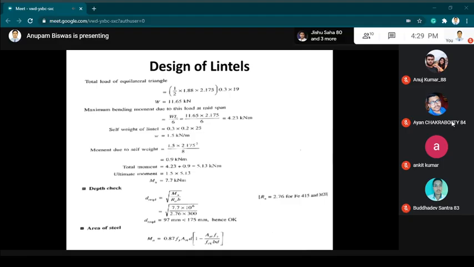This value of Ru is found from the equation for Fe415 and M20, the equation you know for Ru. So putting in all the values, we get d required as 97 mm, which is less than 175 mm, the effective depth. So it is okay. So the minimum depth required condition is fulfilled.